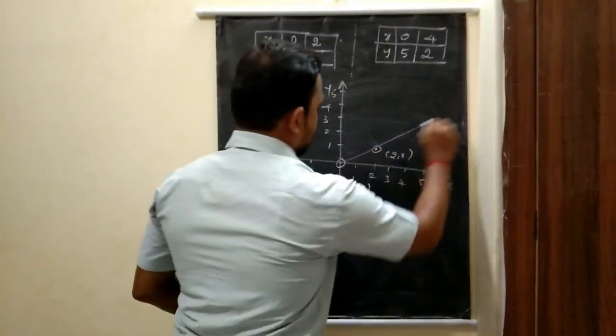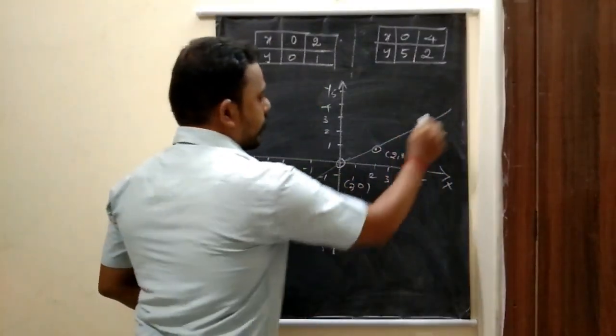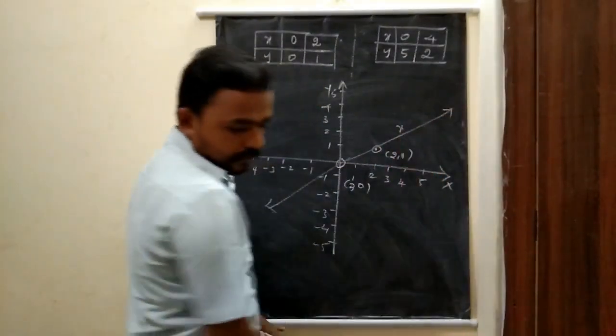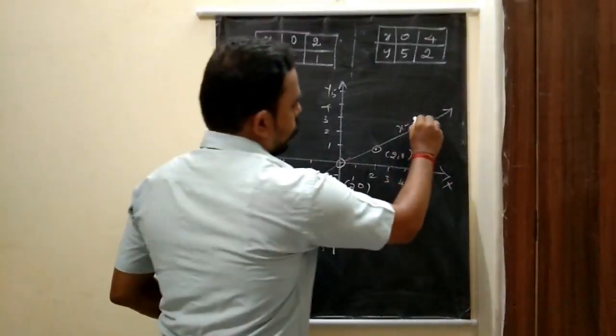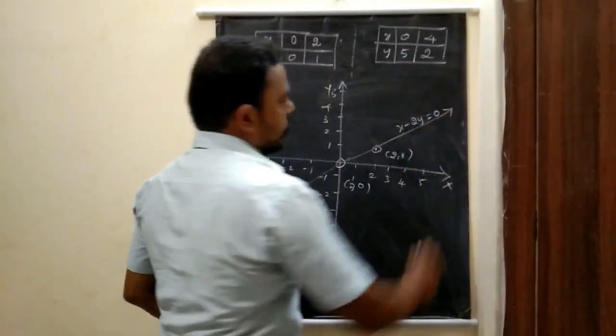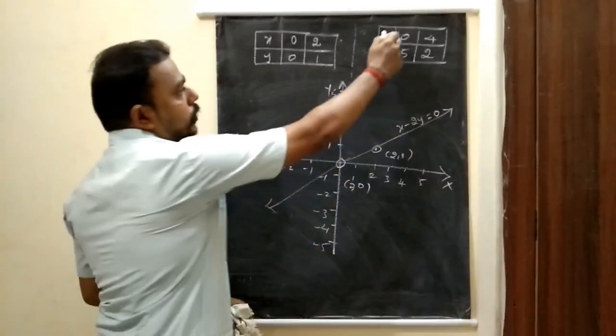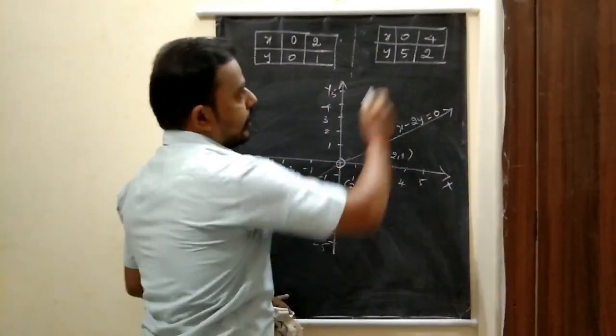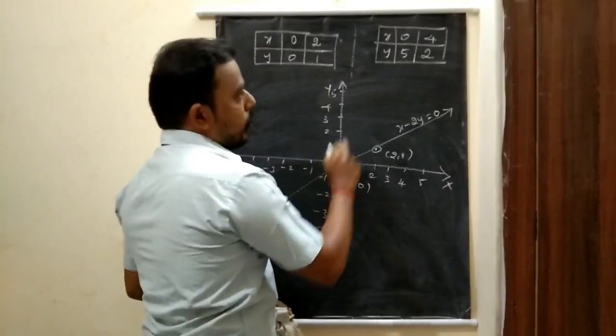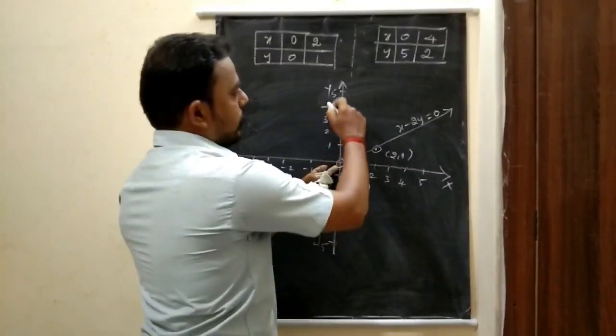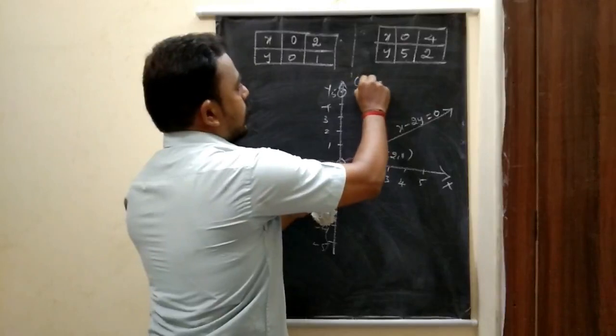Now join these points. We can write the equation: first x minus 2y equal to 0. This is the graph. Next one, points 0 comma 5. That is x value 0, y value plus 5. So this is the point 0 comma 5.